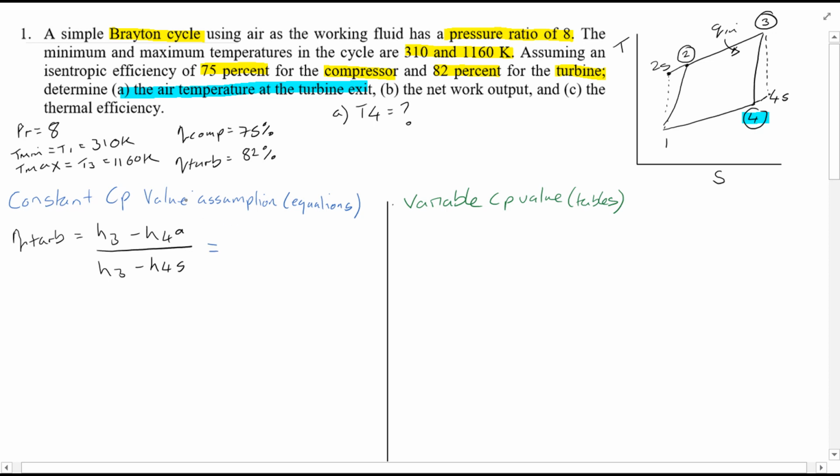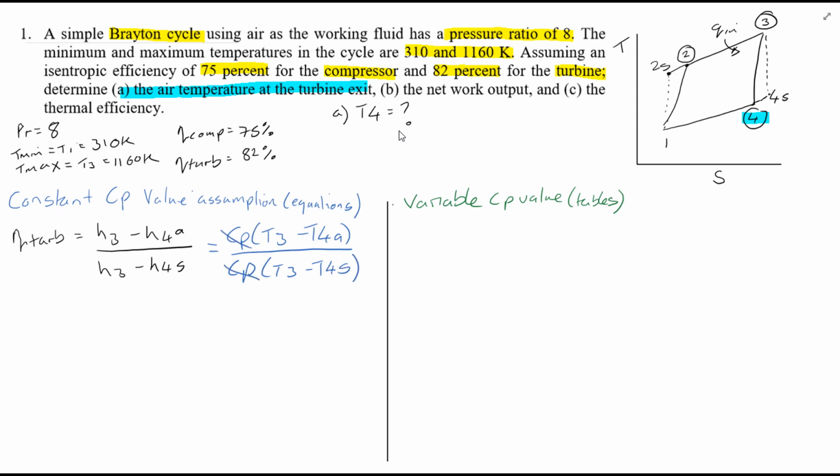Using the constant CP value assumption, we're going to simplify this to CP times (T3 minus T4A) divided by CP times (T3 minus T4S). Of course, the CPs cancel.